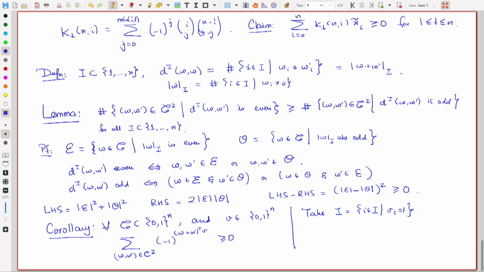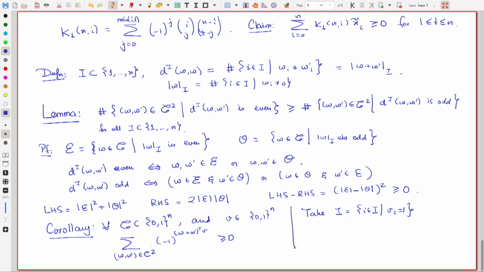This lemma becomes this inequality, because the positive terms will come from those pairs whose distance relative to I is even, and the negative terms will come from those pairs whose distance relative to I is odd. So, that is all it is.